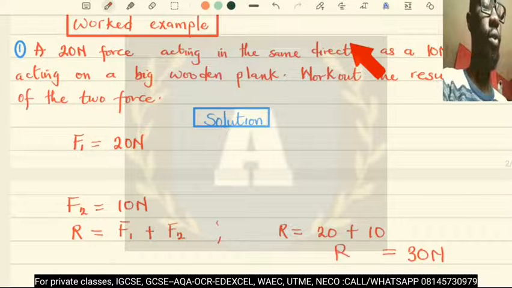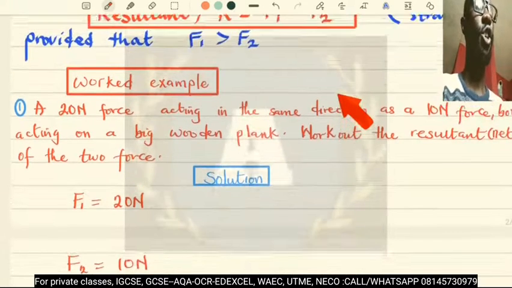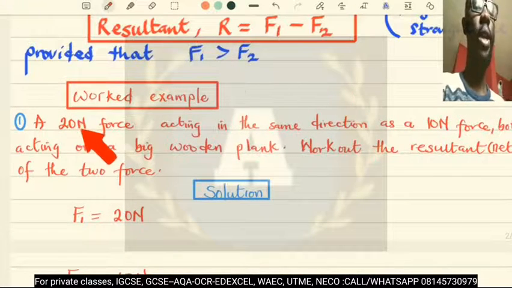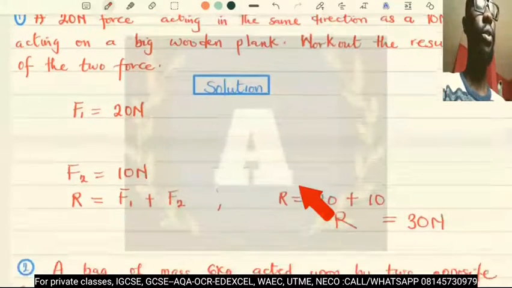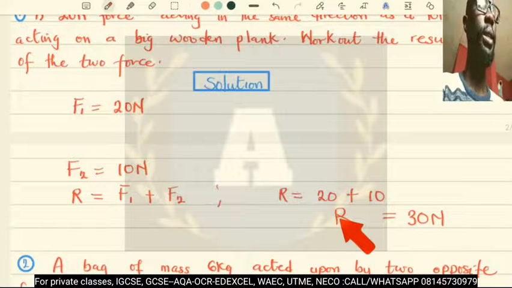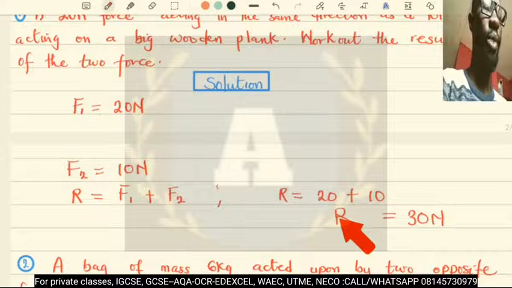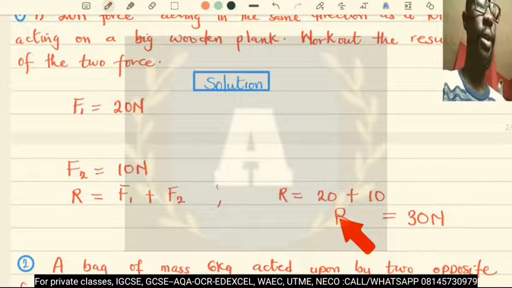So that is the resultant vector. We have changed the two vectors, the two forces, to a single one, which is now 30. That is what is actually meant by resultant vector or resultant force.